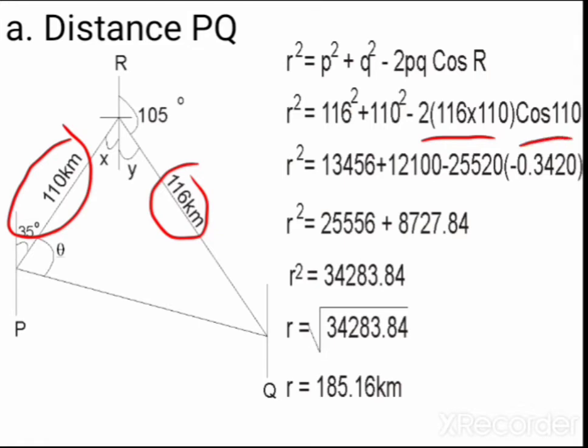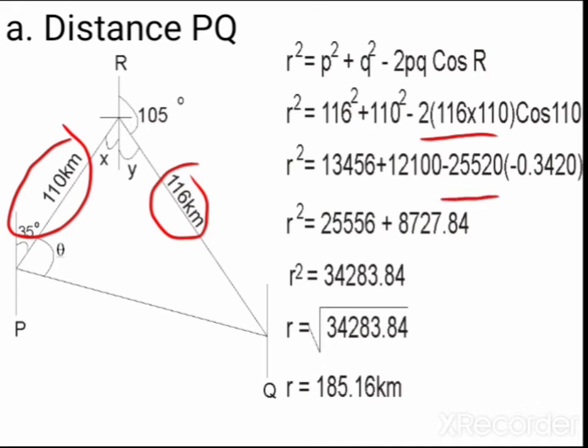So what we simply do at this point is 116 squared is equal to 13456. Then 110 squared is equal to 12100. Then 2 times 116 times 110 is equal to 25520.